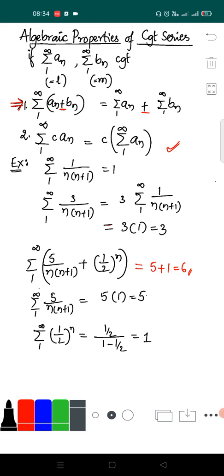We saw some examples, and how we reach the conclusion using the sequence of partial sums, and later we came to the algebraic properties of convergent series.